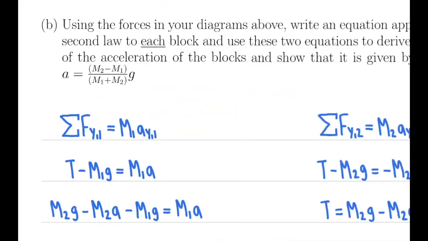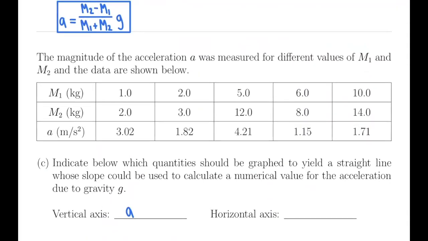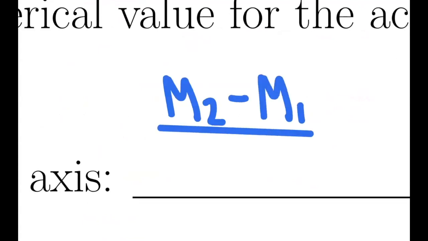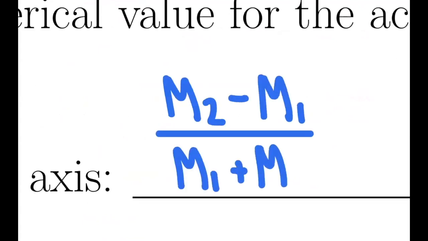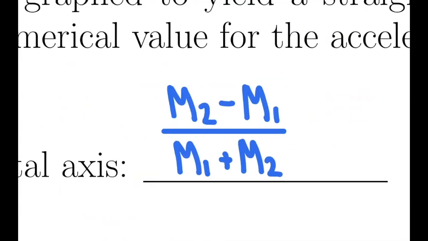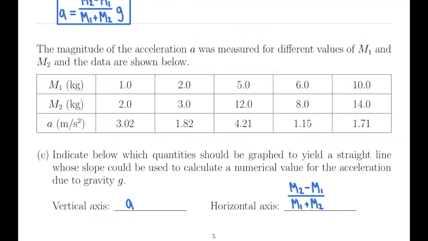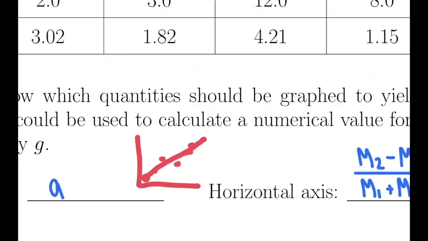So if I make the vertical axis a and I make the horizontal axis m2 minus m1 divided by m1 plus m2, then you'll get a line whose slope is g. We'll get a numerical estimation for g because this is data. So you're going to have a bunch of points and you're going to find the best fit line.